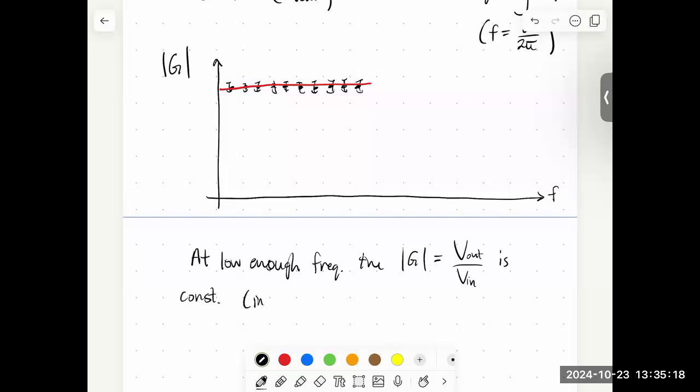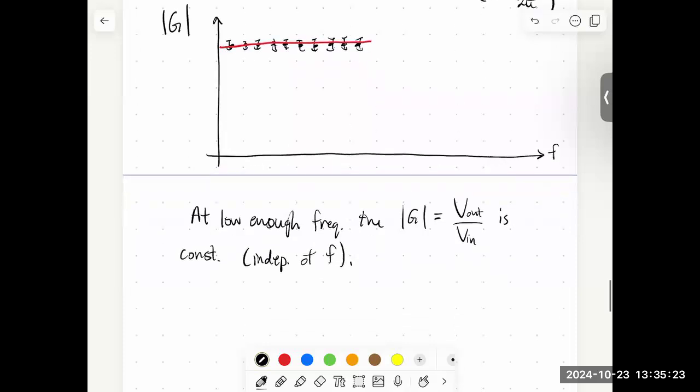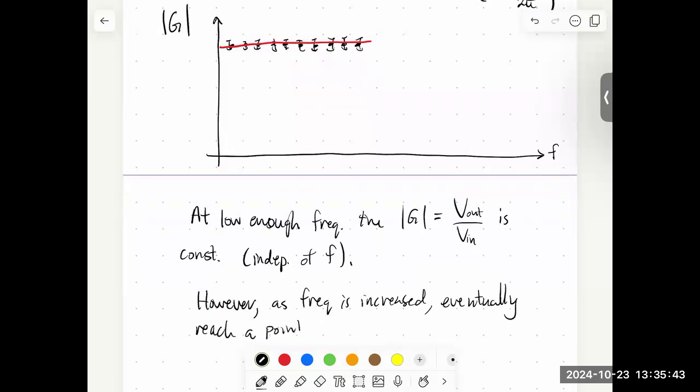So it's independent of F. Okay, however, as frequency is increased, we eventually reach a point at which the gain decreases.